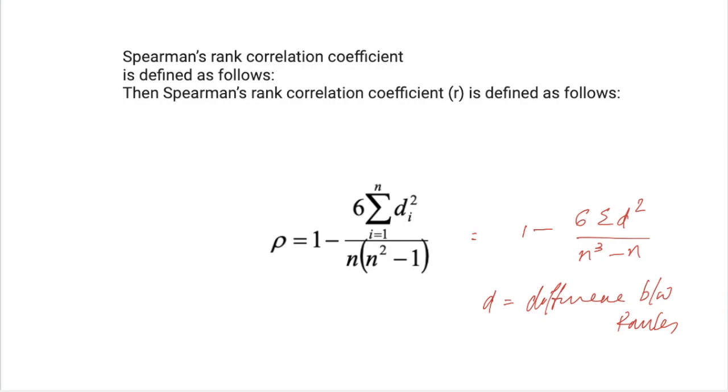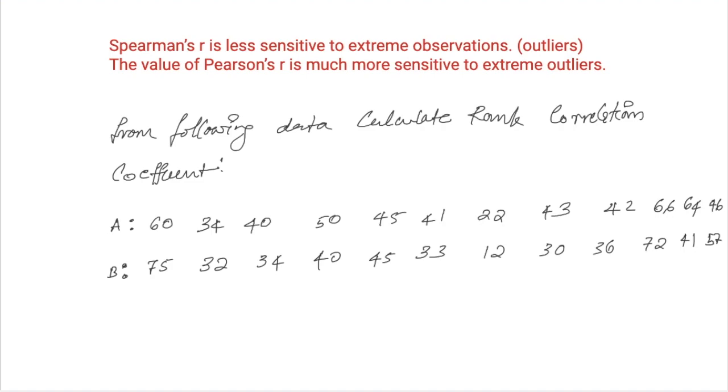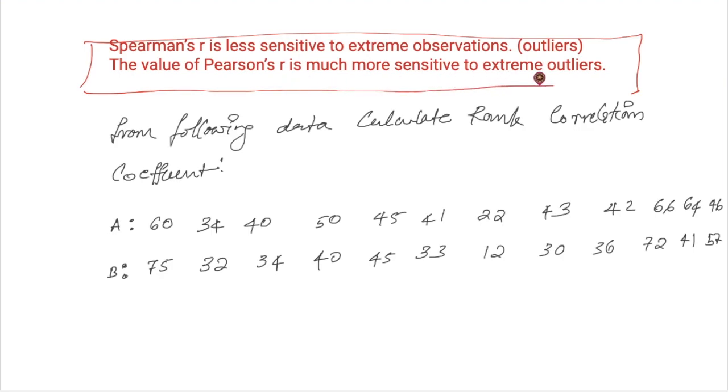We'll go for an example and see what exactly it is. Before that, there is a very important note which I've put in red letters: Spearman's R is less sensitive to extreme observations.